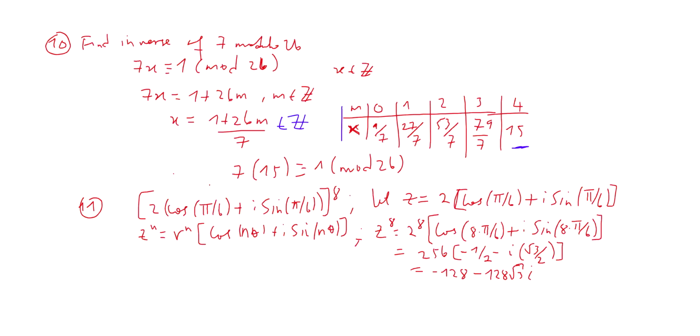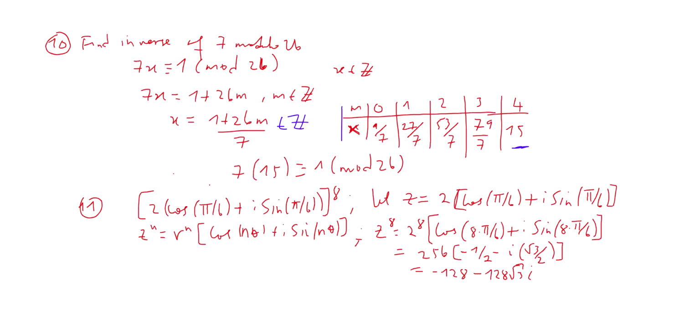Then the next one was to find something in the sense of complex numbers of nth order. We're given 2 times (cos pi over 6 plus i sine pi over 6) all to the power 8, and we're told to find the complex values in the complex coordinate system.